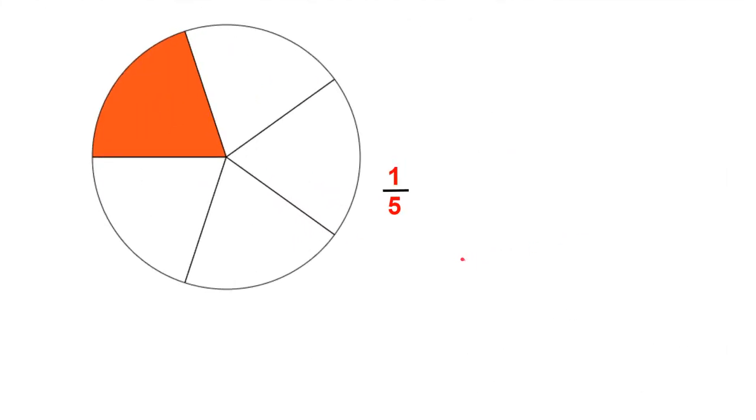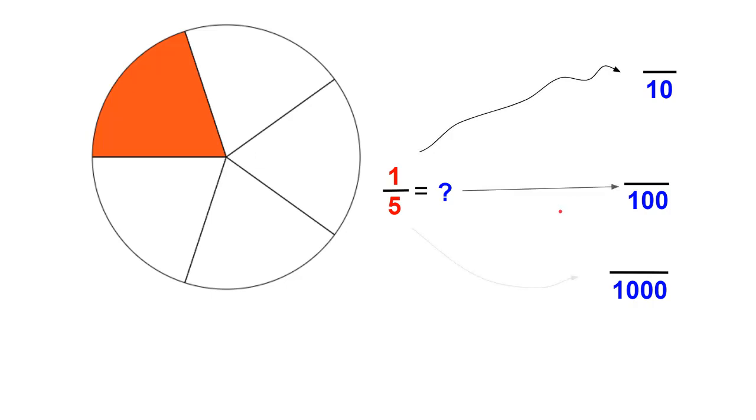Let's see the second example. 1/5. Which one of these three is a multiplication of 5? Which one of these can be divided evenly by 5? The smallest of these three. It's obviously 10. 5 times 2 is 10, so we'll pick 10 again.